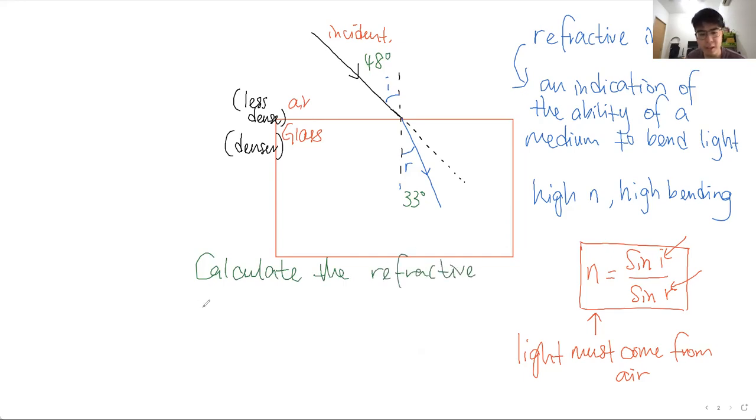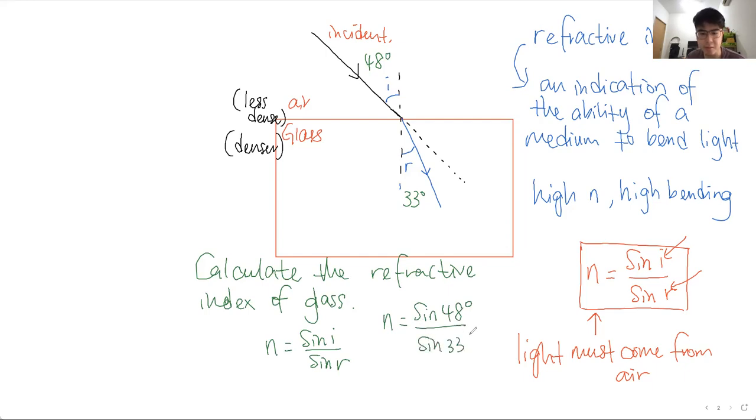Refractive index of glass. Then we would use n equals sine i over sine r. First, make sure the light ray comes from air, okay? So in this case, it does. And then we put in the values. n equals sine 48 divided by sine 33.